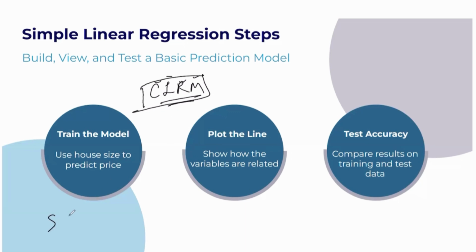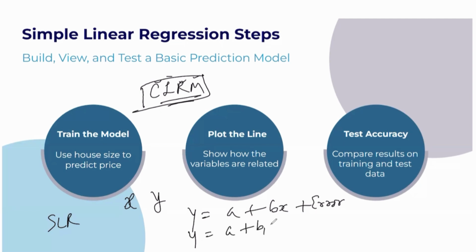Simple linear regression means I have two variables, let's say x and y. So y equals a plus b of x plus error. That's a straightforward model. Multiple regression is when I have y and multiple variables: b1 x1 plus b2 x2 plus bn xn plus error.